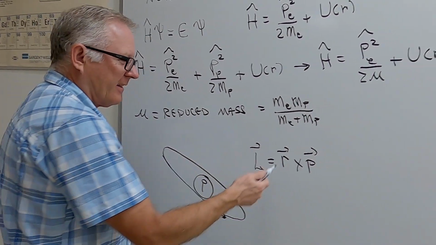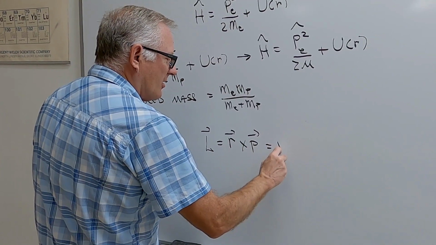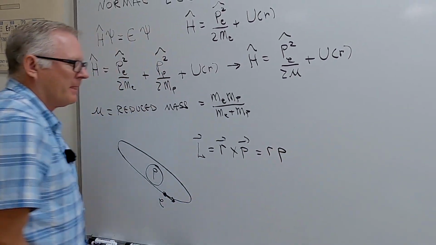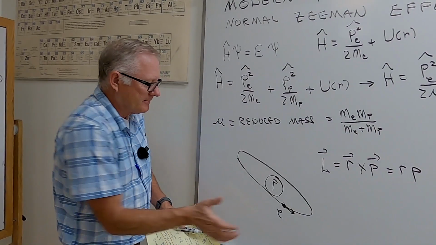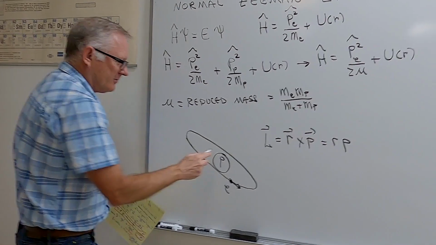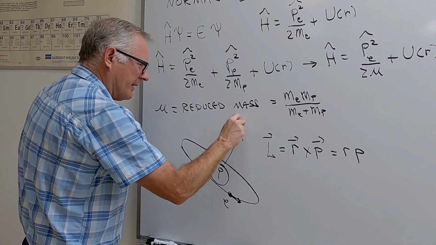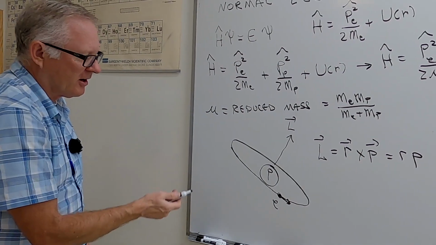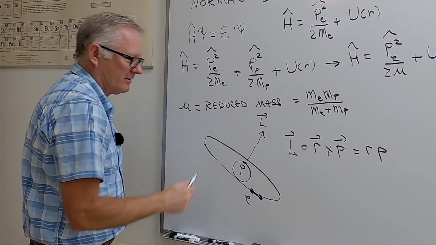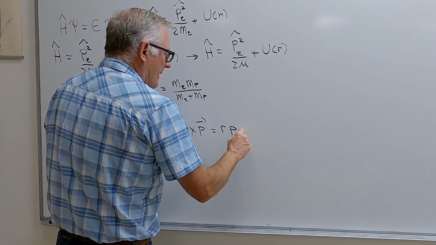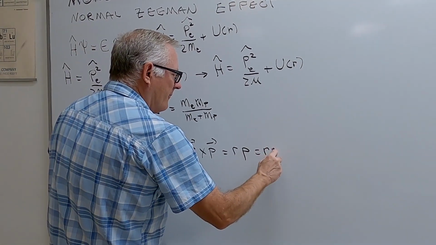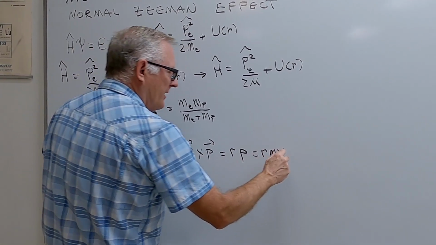So this is just r times p, and the direction of it is going up this way. I'll call that out, say, which is r m v, since momentum is m v.